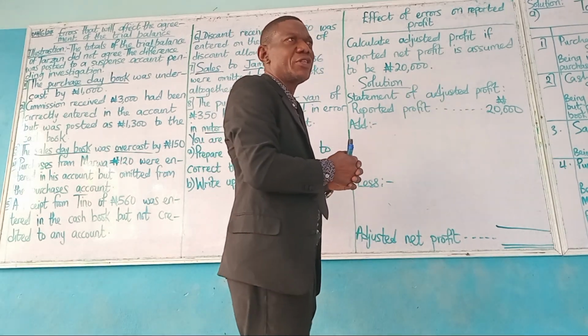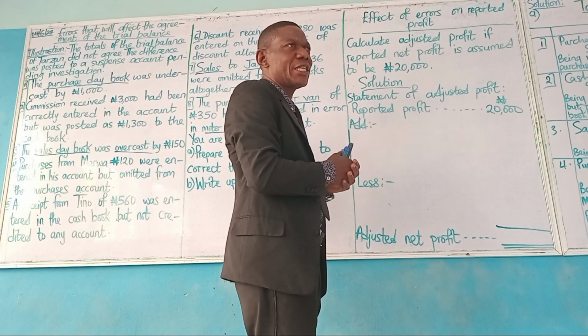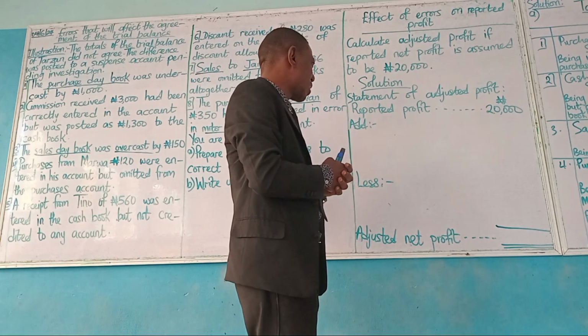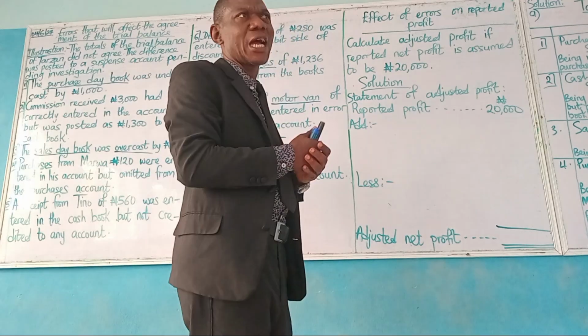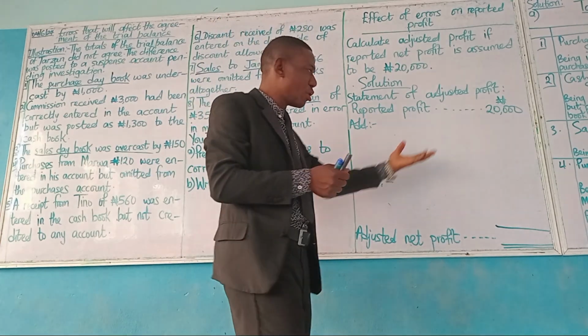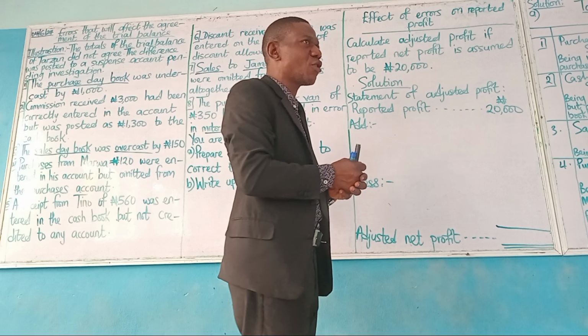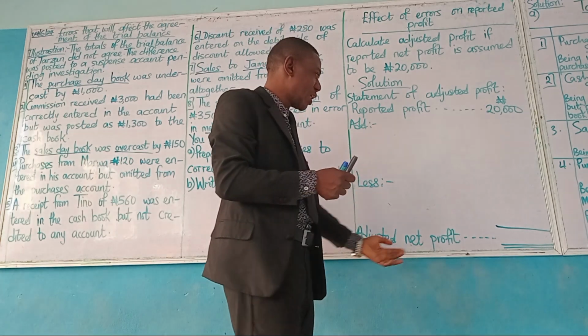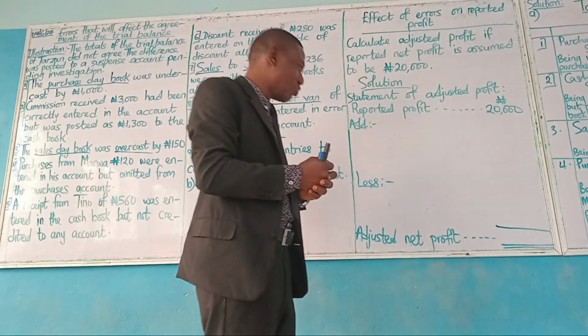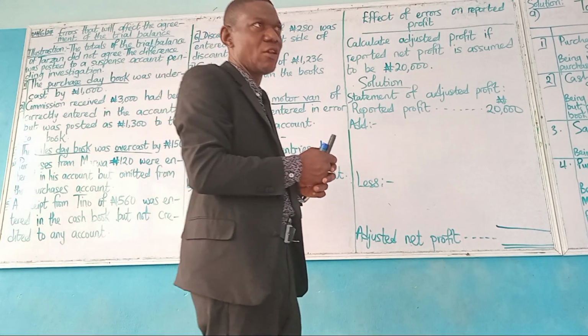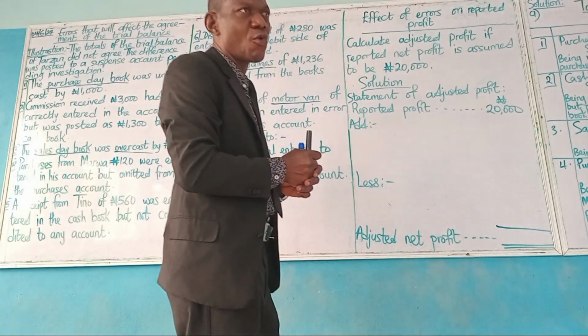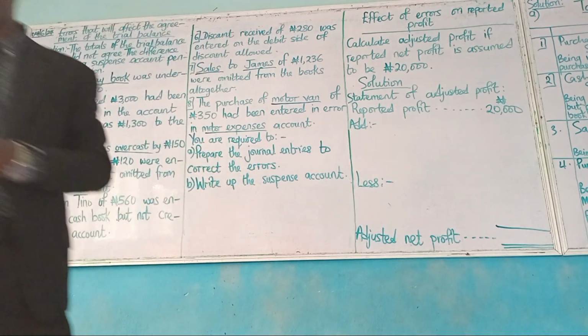That is, after they have been corrected, they will increase the net profit. And there are some errors that, after they have been corrected, will have the effect of reducing the net profit, before we arrive at our adjusted net profit. So let's quickly take a look at all these errors one after the other.